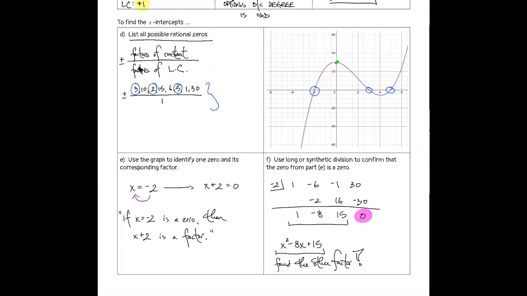In this class, we're going to use this list of possible rational zeros, and we're going to use it with the graph to guess potential zeros for the polynomial, okay? So we chose this x equals -2, and using synthetic division, we were able to show that it is a factor, and we were able to find the other factor, okay?